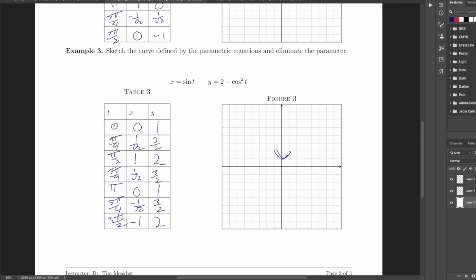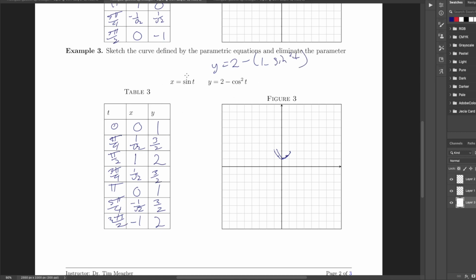So what do we have here? So let's go ahead and do this. Can I write one in terms of the other? Sure, right? So here, I can write this as y equals 2 minus, here we can have 2 minus 1 minus sine squared t.